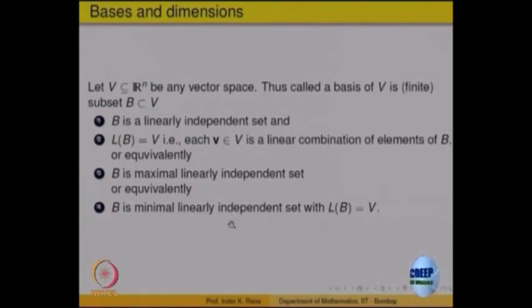I think all of this is wrongly typed. Is it clear? Anyway, a wrong thing also helps you understand what the right thing should be. So the first is B is linearly independent and spans V. Second, maximal linearly independent, and the third is a minimal set which generates. You do not have to put linear independence then. Okay.